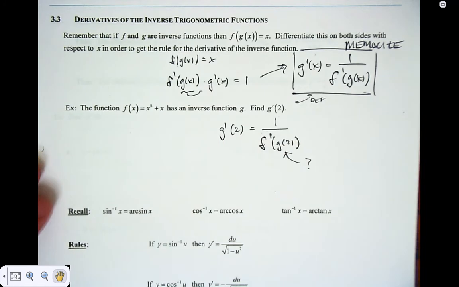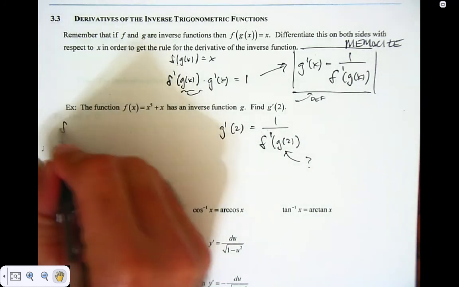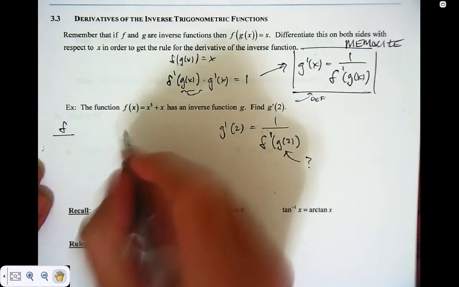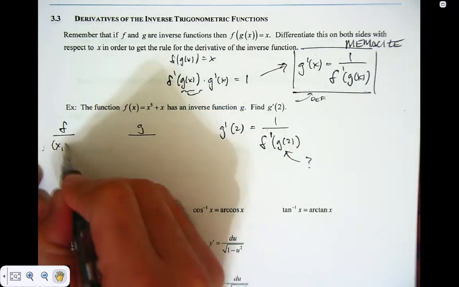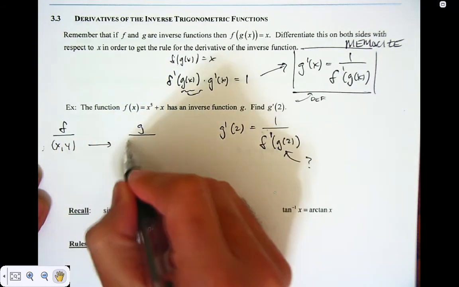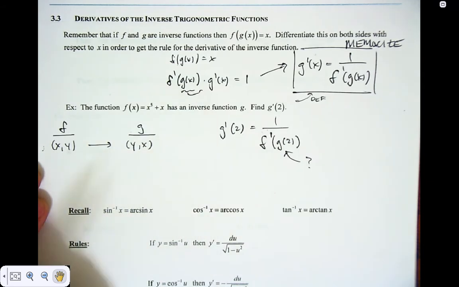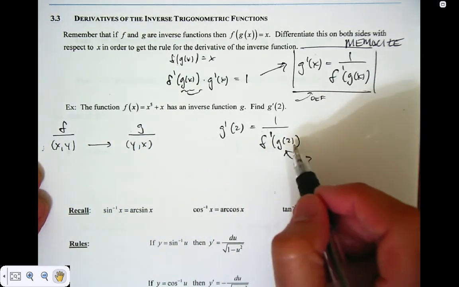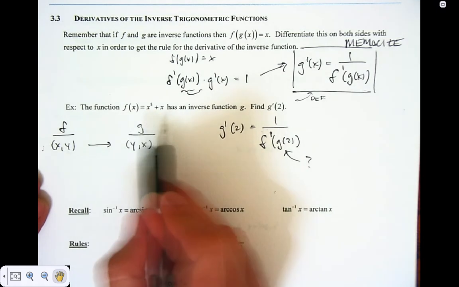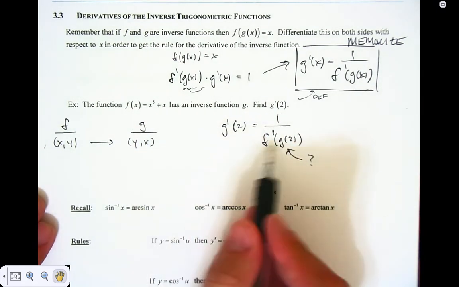And so really this whole problem comes down to what the heck is g of 2? And that goes back to graphing knowledge, right? So think about an f function and an inverse g function. Every point on the f function, on the inverse, you would switch them, right? It's a reflection over the line y equals x. And so we're really looking for g of 2. We'll come over here, and what we're looking for here would be the y value.